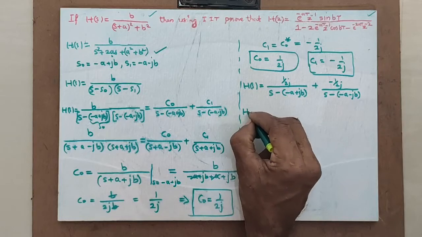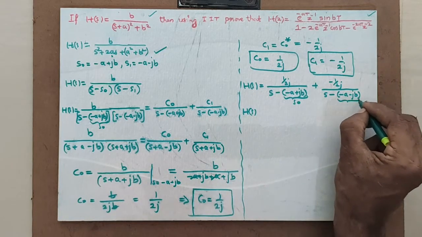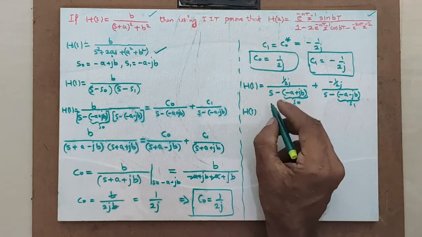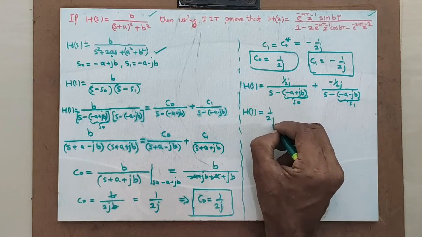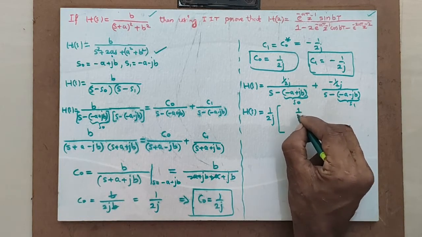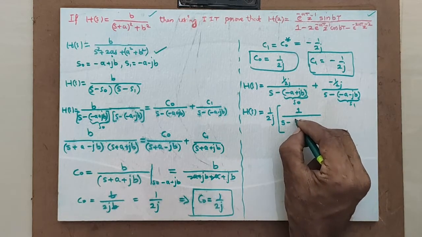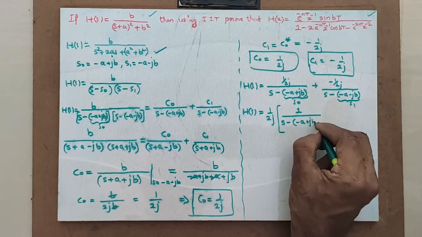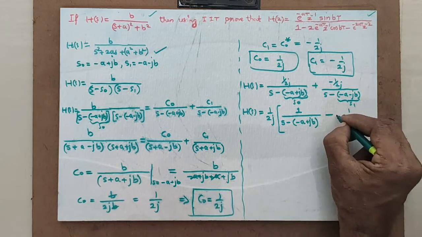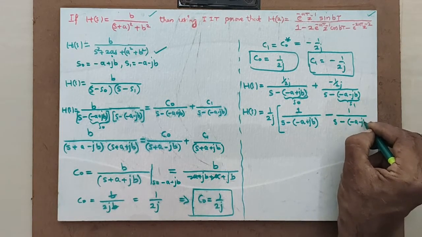Now H(s), this is completely s0, this is completely s1. I will just keep 1 by 2j outside: 1 by 2j times 1 divided by (s plus a minus jb) minus 1 divided by (s plus a plus jb).